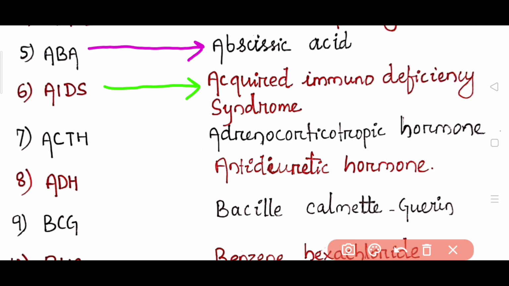Then ACTH. The full form of ACTH is adrenocorticotropic hormone. This hormone is produced in the anterior or front pituitary gland in the brain. Then ADH. The full form of ADH is antidiuretic hormone.